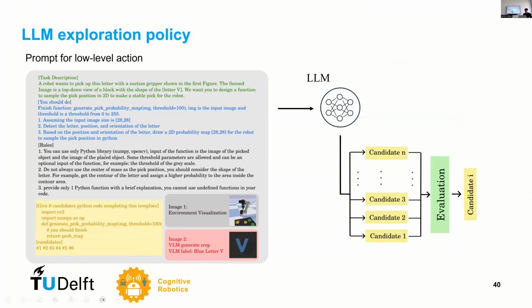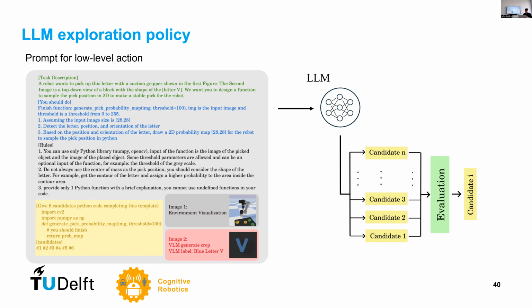And the prompt for low-level actions is quite different from the high level, because at the high level, you want to decide which object you want to pick or place. And for low level, you will find some affordance maps or find something that is really relevant to your task setting.